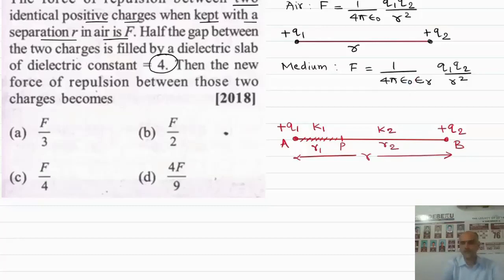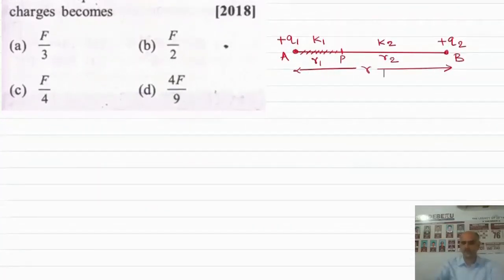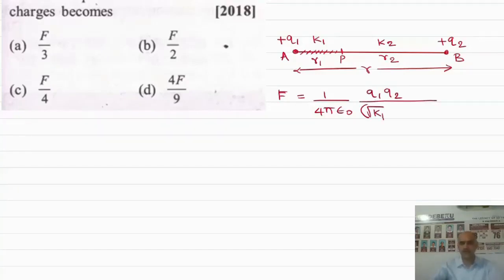Then the force between these two charges, F, will be equal to 1 by 4 pi epsilon naught q1 into q2, divided by, with changes here, root of k1 into r1 plus root of k2 into r2, bracket square.